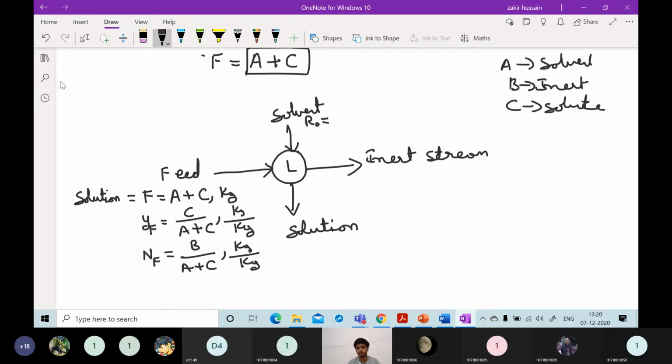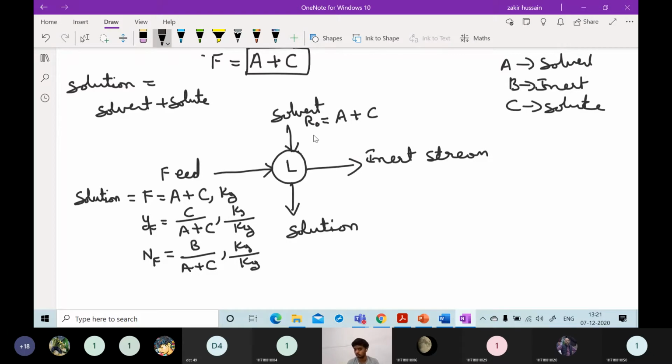These are the basics: solution is equal to solvent plus solute. So R naught is the weight of the solution present in the solvent phase, meaning solvent plus solute, which is the solution.